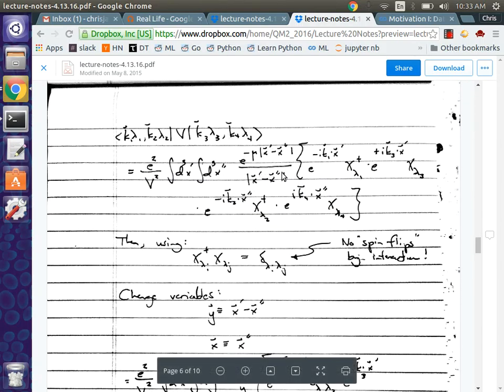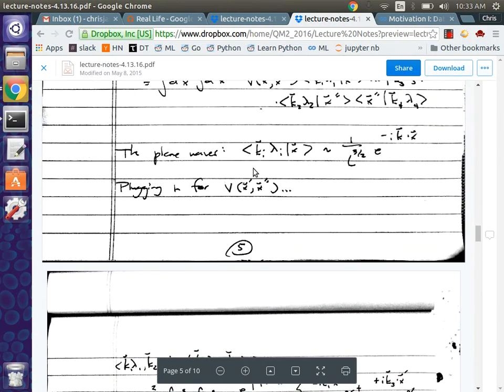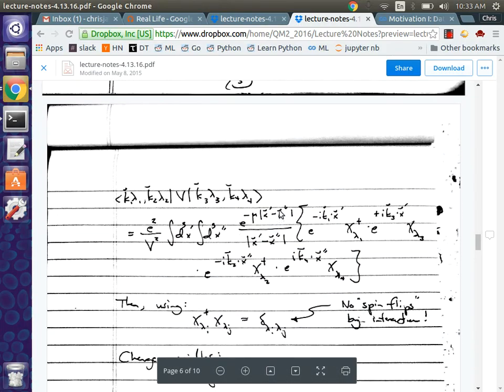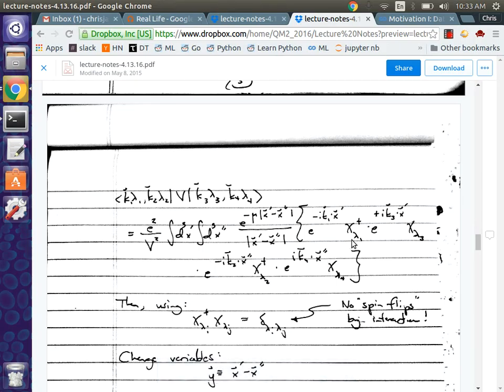But we've also got this factor here. What I'm doing is plugging in the explicit form of the potential. Here I have it in general terms, but it's the screened potential, so this guy. And then I've plugged in the plane waves, and now the spin is the thing that's left over, and I'm going to use the spinor notation to write down the spins.